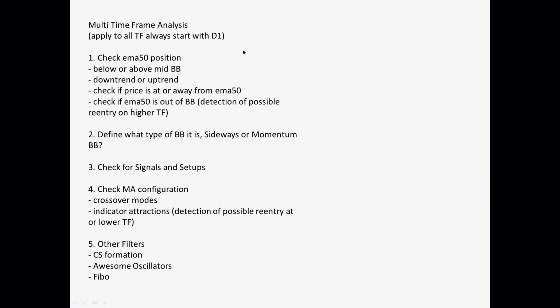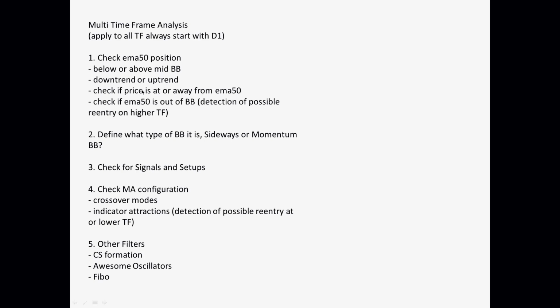Even though I start with daily, all of these SOPs need to be carried out accordingly in sequence, so that you'll have a much more systematic way of doing your multi-time frame analysis. The first one is you check the MA50 position, whether it's below or above BB, because this will dictate if it's downtrend or uptrend.